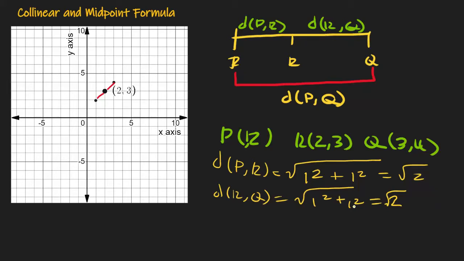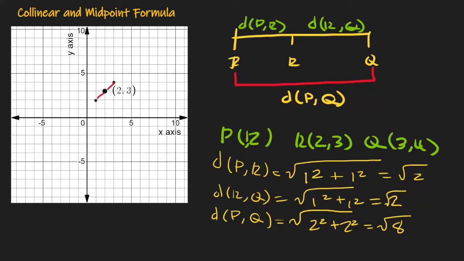Now, if we find the distance from P to Q, we're doing the exact same thing. The square root of (4 minus 2), which is 2 squared, plus (3 minus 1), which is 2 squared, is the square root of 8.